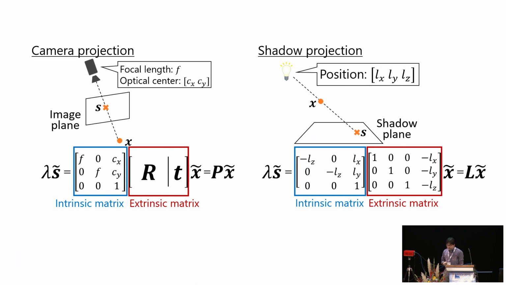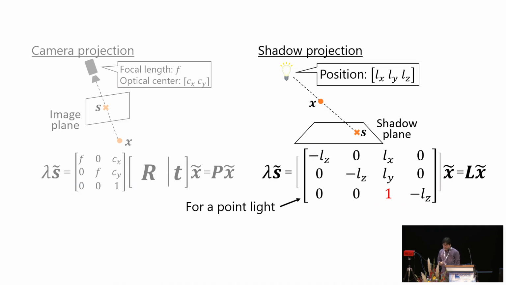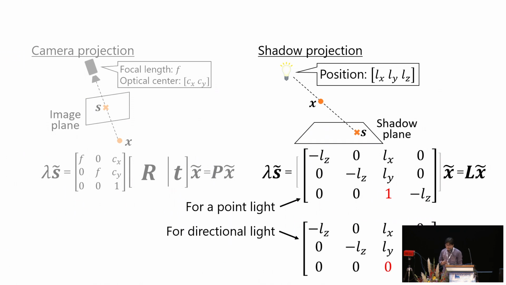In shadow projection, they are also expressed by the light source position. As a result, this is the projection matrix for point light source. For directional light, we can also formulate this as a projection matrix. As shown, both matrices are very similar, and our method can estimate both cases.